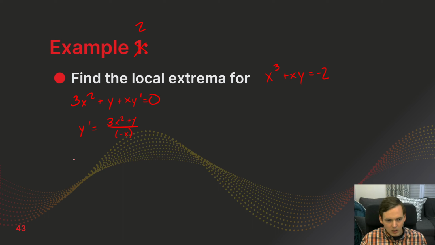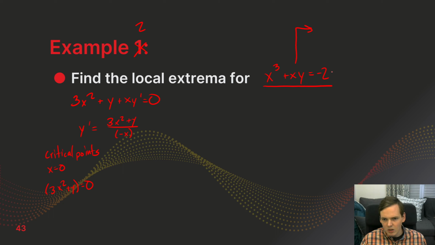So our critical points will be x equals 0 and also where the numerator equals 0. That will be where 3x squared plus y equals 0. Now the problem with this is we don't know the x and y, but we do know that this original function tells us the relationships between x and y.